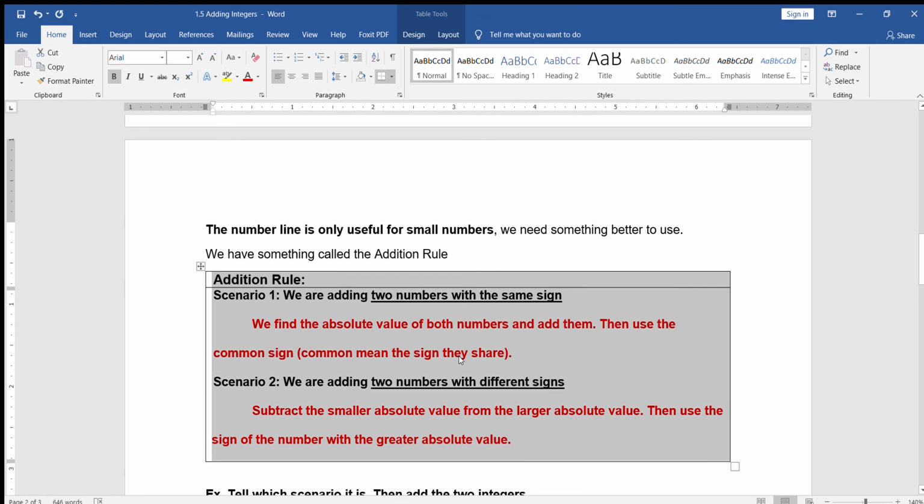So I want you guys to at least remember this by heart, because since we got to learn integers, we're going to use integers throughout the school year. So just learn this, please. I beg of you, learn this rule.